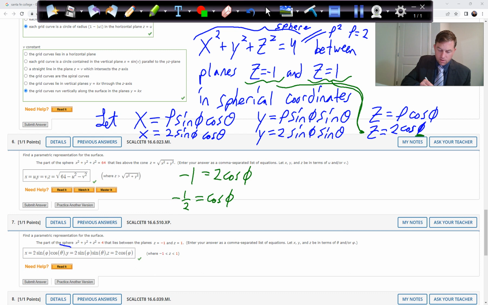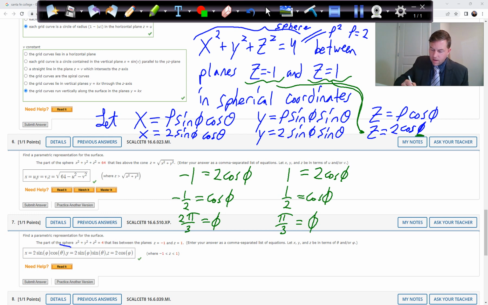And therefore, if you look on the unit circle, when does cosine equal minus 1/2? Well, that occurs at 2 pi over 3. So phi equals 2 pi over 3. Then we can say when z is 1, we'll get 2 cosine phi, which means 1/2 equals cosine phi. And again, on the unit circle, look up when does cosine equal 1/2. That happens at pi over 3.